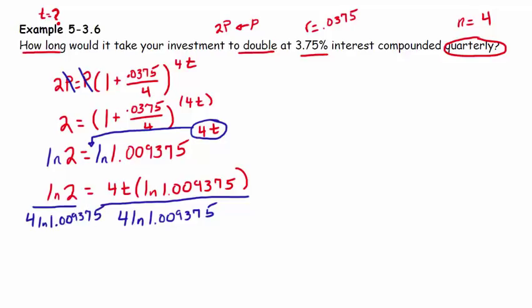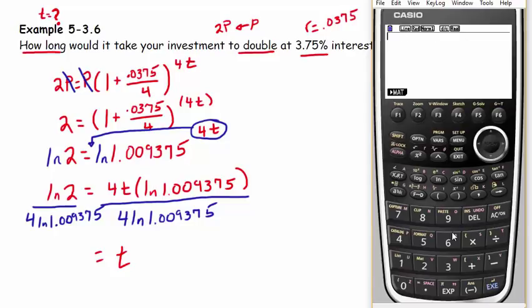All right. So now, if I take the natural log of 2 and divide it by, in parentheses, 4 times the natural log of 1.009375, we get 18.57 years.